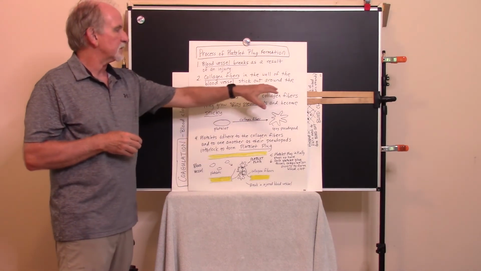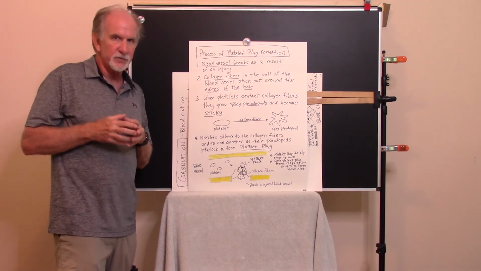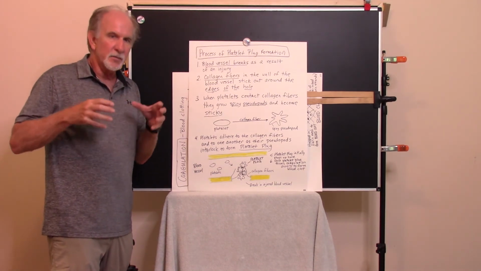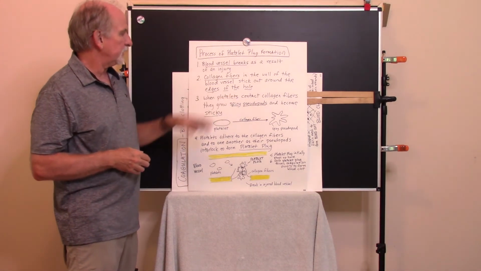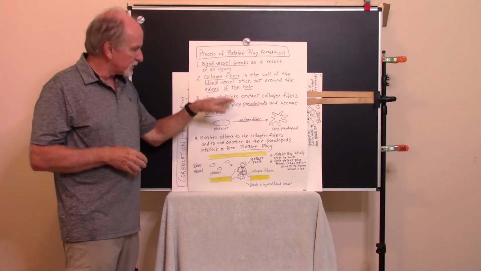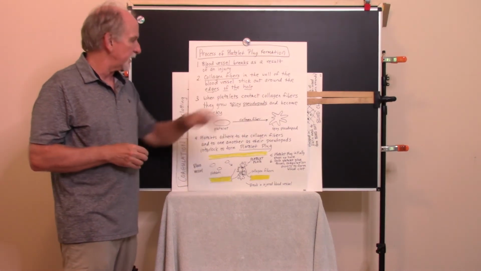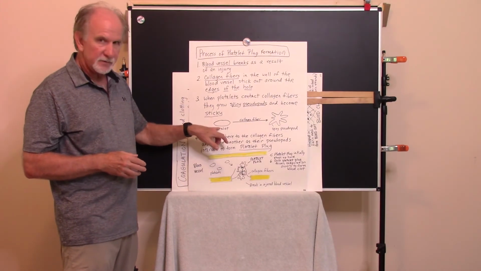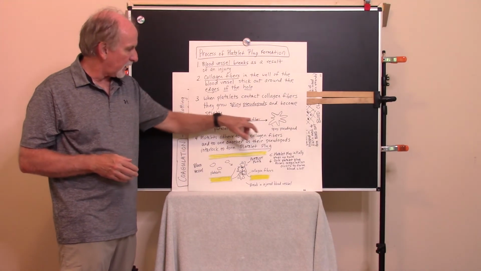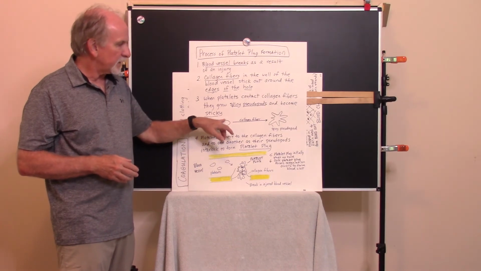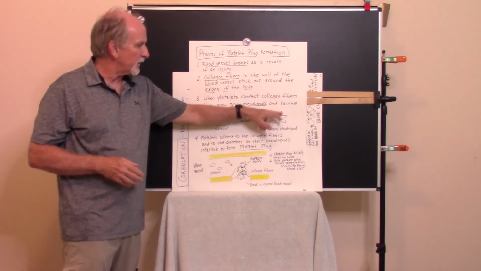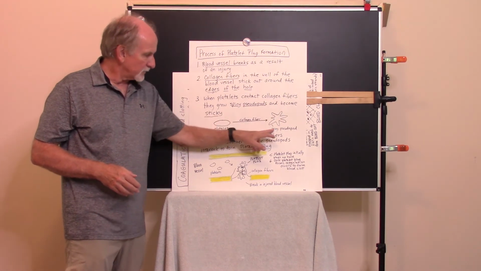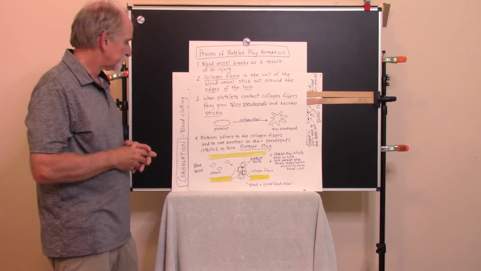When platelets make contact with those collagen fibers, the platelets grow what are called spiny pseudopods, and they become sticky. So here's a platelet that makes contact with a collagen fiber, and its plasma membrane juts out to form spiny pseudopods.